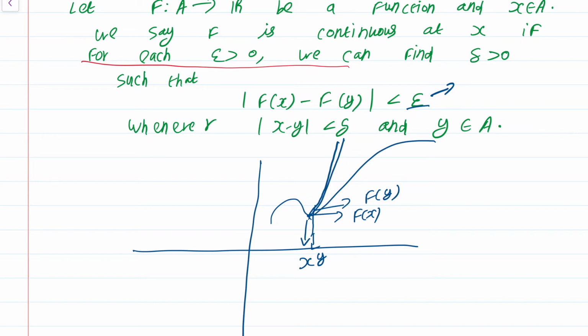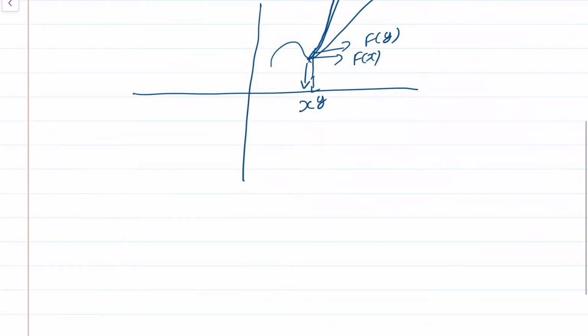I want f of y to be this close, epsilon close to f of x. Then I'll have to return a value of delta which tells me how close y must be to x in order to satisfy the tolerance level. So one way to view this epsilon delta definition is as a challenge. The epsilon delta challenge.